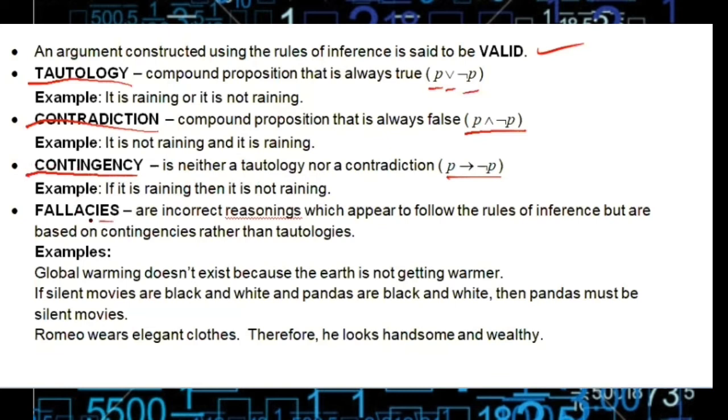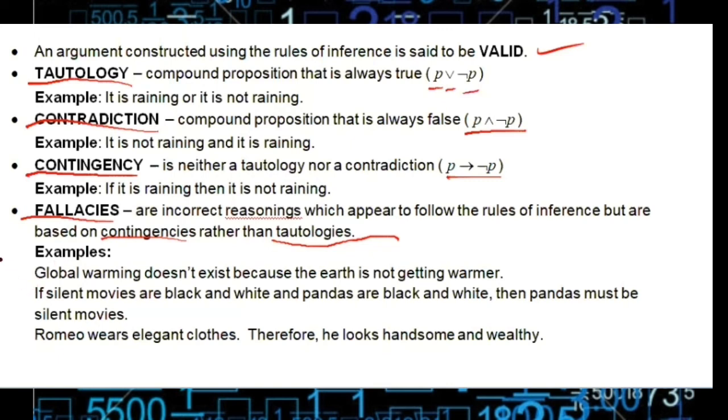Then fallacies are incorrect reasoning which appear to follow the rules of inference but are based on contingencies rather than tautologies. So more likely invalid statement ito kasi contingencies. Tautologies are always true, so always valid. Examples. Global warming doesn't exist because the earth is not getting warmer.